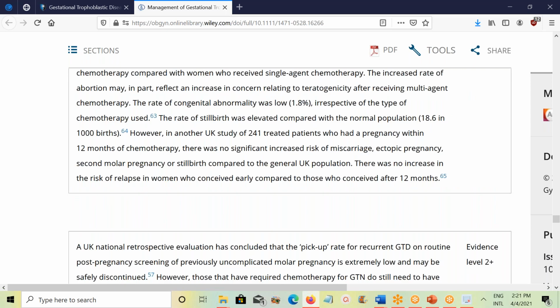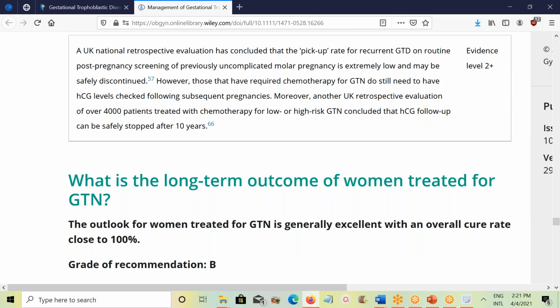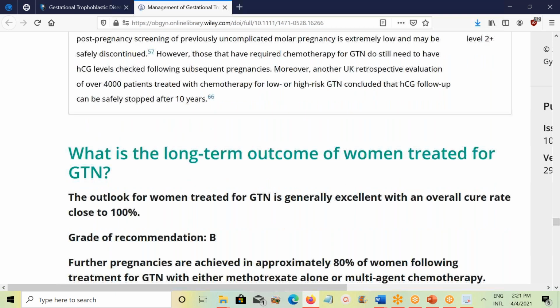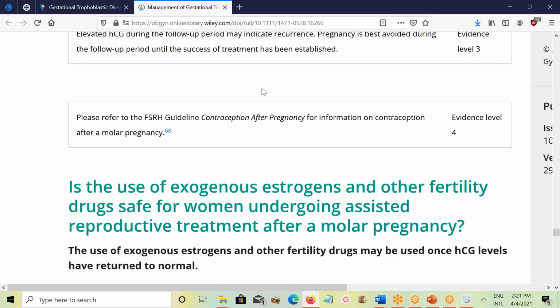And then the incidence of the placental site trophoblastic tumor or epithelioid trophoblastic tumor, what is their incidence? The incidence is like 0.2% of all tumors, and both placental site trophoblastic tumor and epithelioid trophoblastic tumor produce very little HCG.